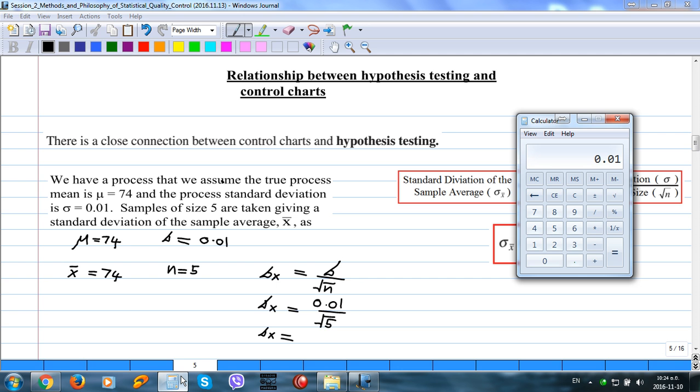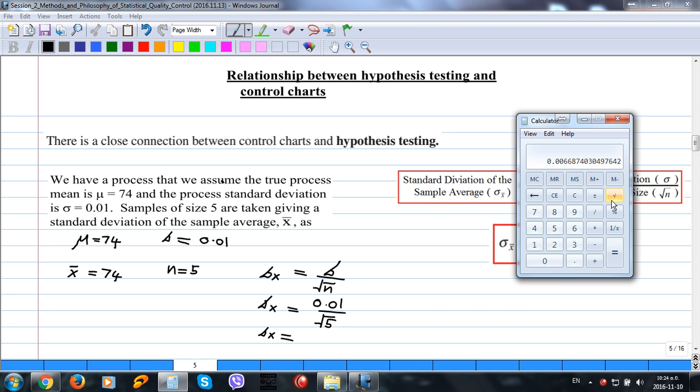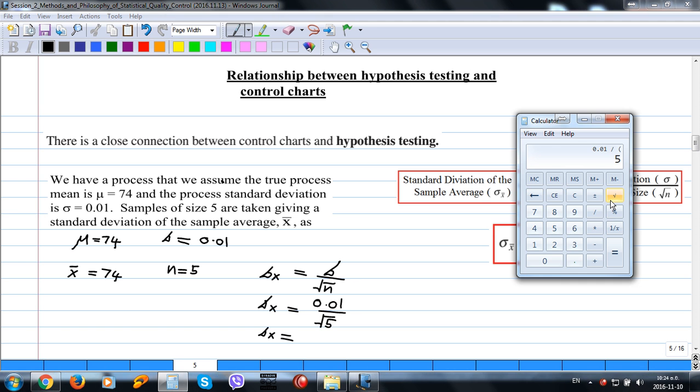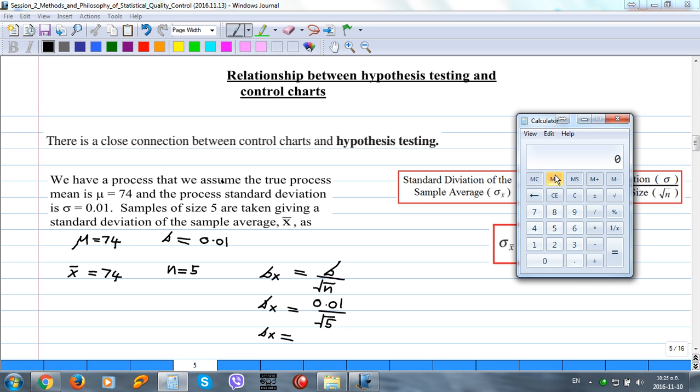So sigma x bar is 0.01 divided by the square root of 5.